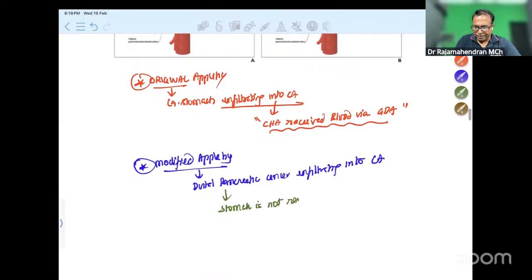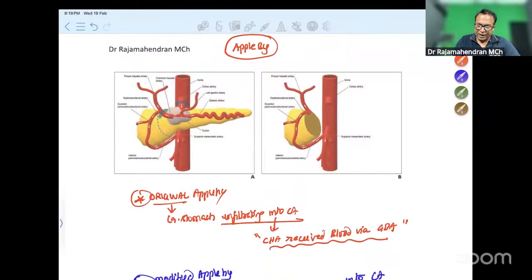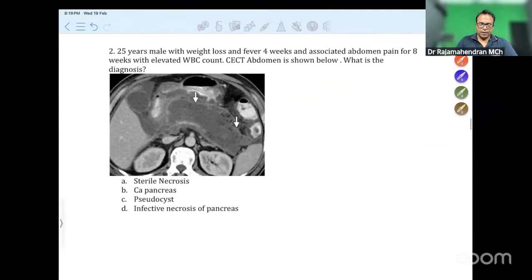Otherwise, everything else is the same. We removed the celiac artery and ensured the blood flow is retrograde from the gastroduodenal artery. So this is the concept of modified Appleby. Please remember, this is an image-based question for INI SS. Okay, this is the Appleby procedure and modified Appleby procedure.